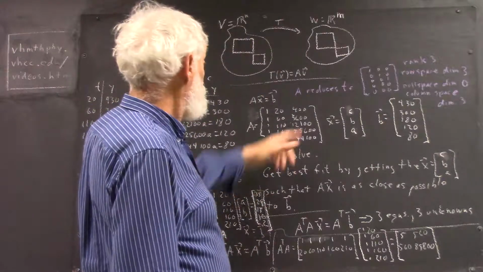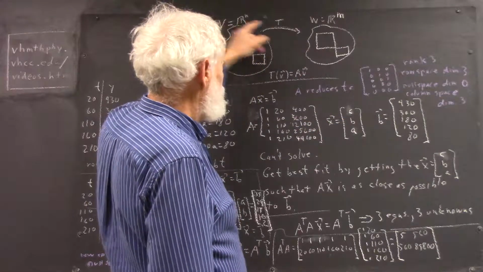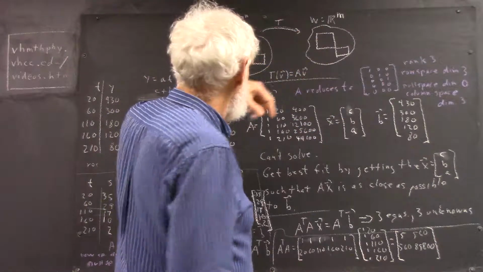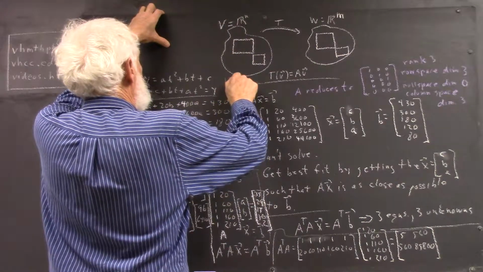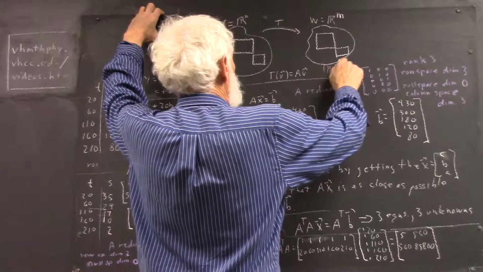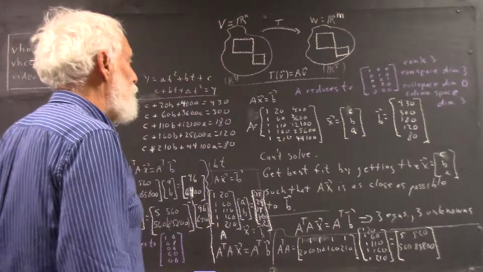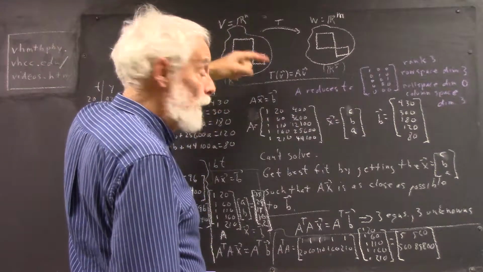In this case, of course, for this matrix, this is R3 and this is R5. So we'll just say, okay, this is R3. This is R5. The row space and the null space are orthogonal.